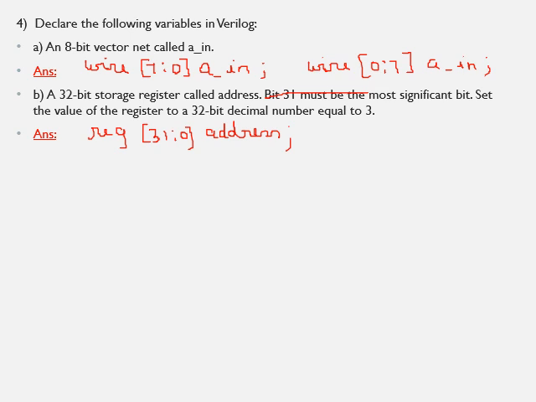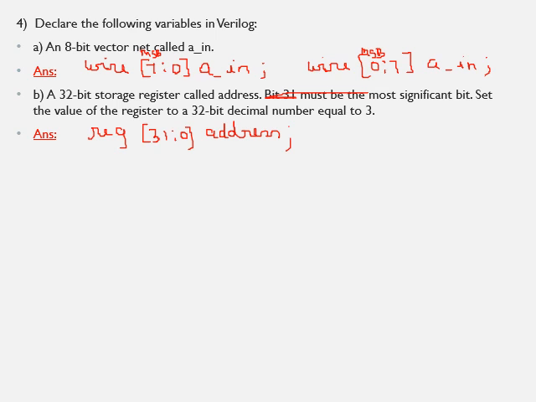In this case 0 becomes the most significant bit. Here 7 is the most significant bit. So whatever you write to the left of the colon will be the most significant bit position. Here it is mentioned bit number 31 should be the most significant bit, so you have to declare it as 31 down to 0.